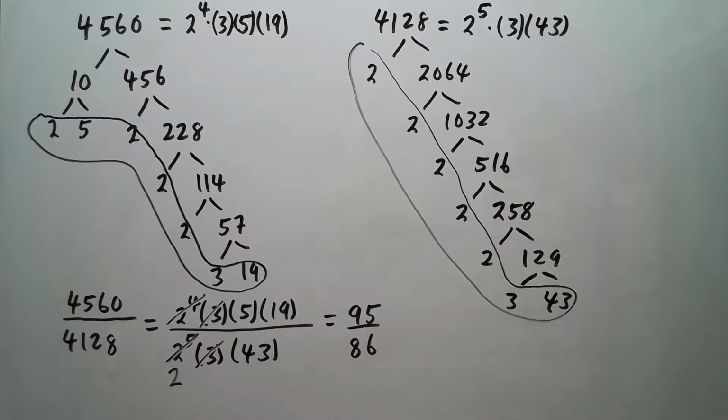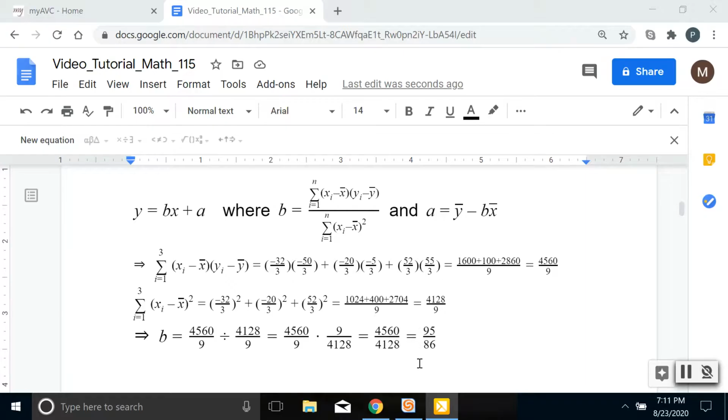So that's the reduced form of this fraction. I'll let you look at this for a few more seconds. So our b reduces to 95 over 86.